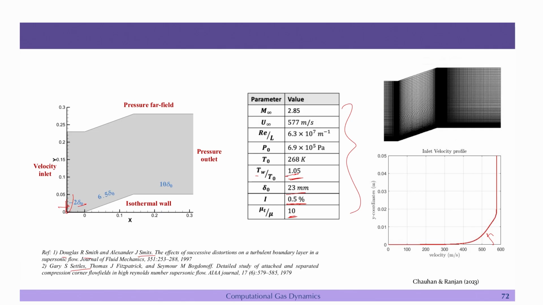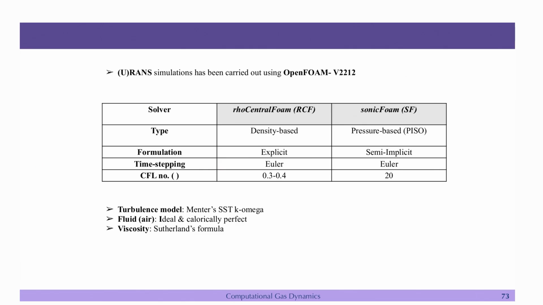It has been solved using two different solvers, rhoCentralFoam and sonicFoam, and they have certain differences. As I mentioned, this is the density based solver and this is the pressure based solver. This is completely explicit, it allows a very small CFL number, in fact less than 0.3 sometimes, but sonicFoam allows for a bigger CFL number. You use Menter's SST k-omega, ideal gas, and Sutherland's law for calculating viscosity.